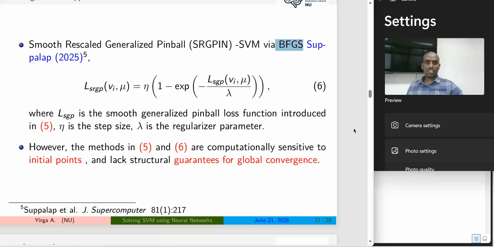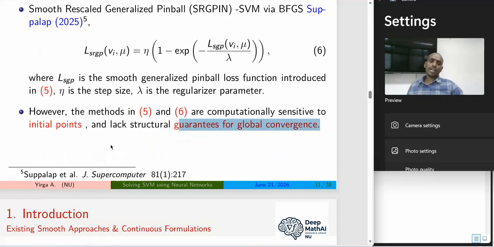They are computationally sensitive to initial points. They may end up at some local optimum points. They don't guarantee the global convergence.